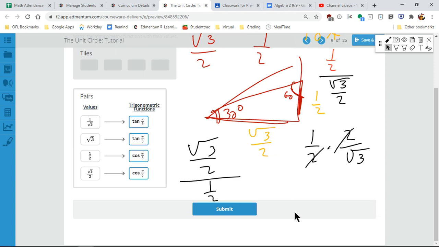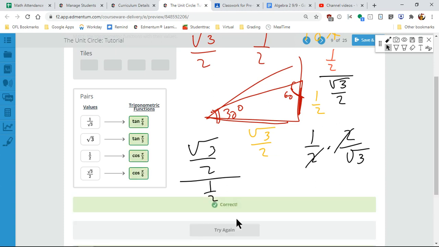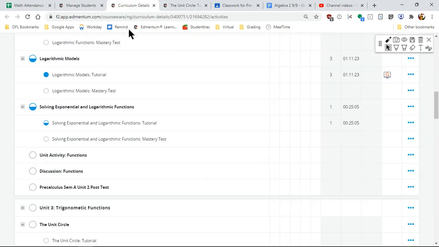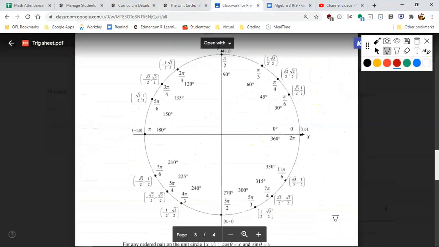Yes. No. For now. I'm not going to expect you guys to do this off the top of your head. I'm going to expect you guys to be like, all right, so I've got this unit circle and I'm looking at this. So if I'm talking about TOA, I'm talking about my opposite.